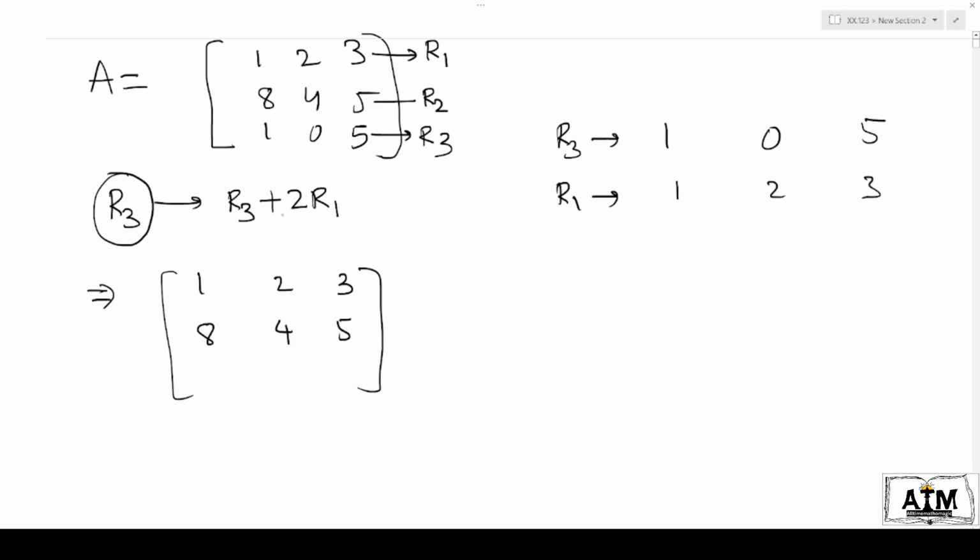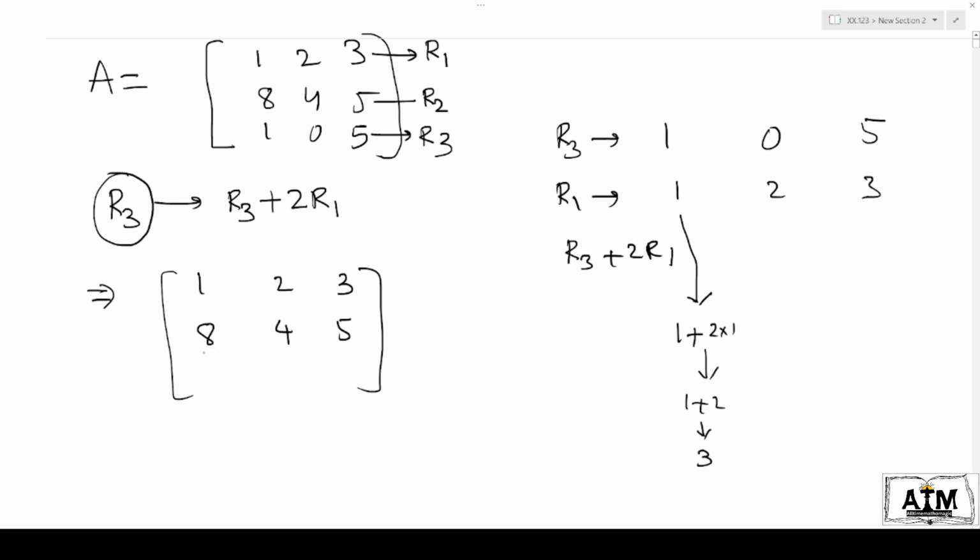What do we have to perform? We have to perform R3 plus twice R1. So in the first case, R3 is 1 and R1 is 1, so twice R1 is 2 into 1. So the result is 1 plus 2, that is equal to 3.